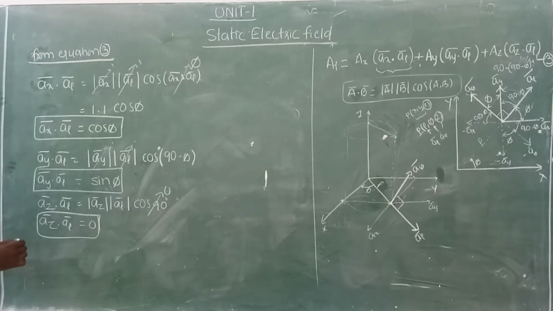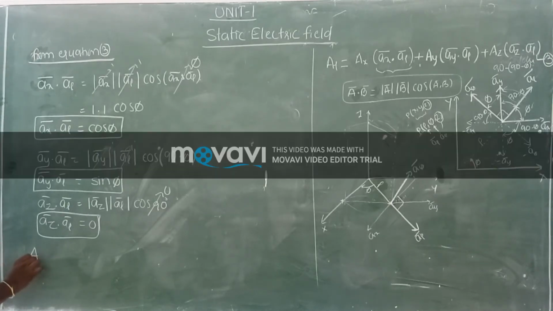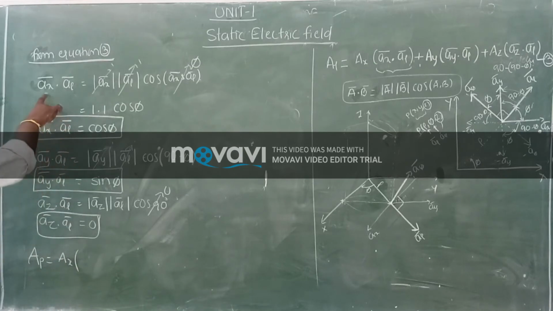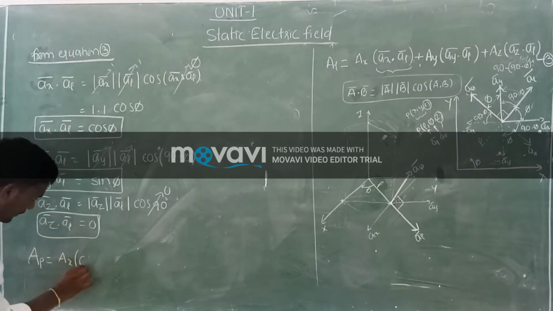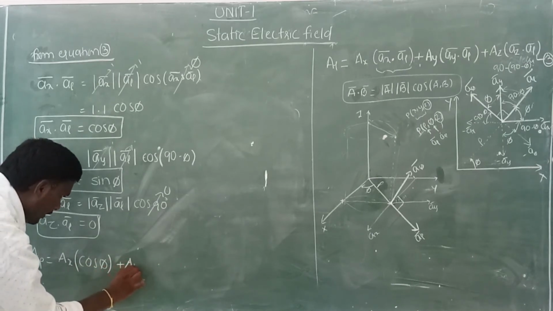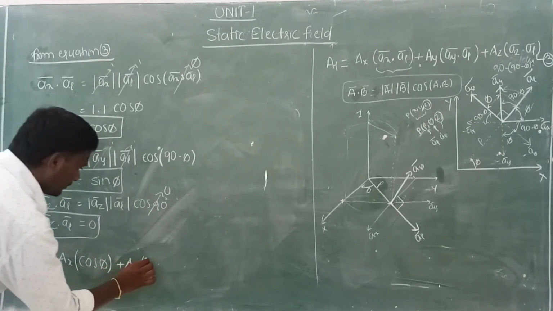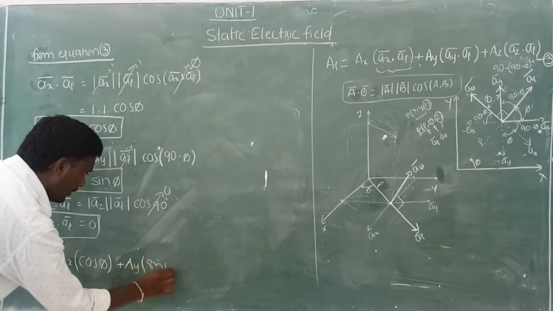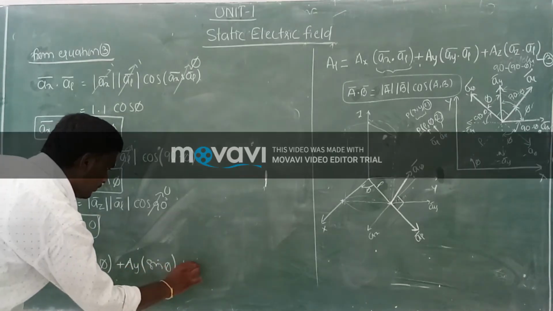If you substitute it, a_rho is equal to A_x into the dot product between a_x and a_rho, which is cos phi, plus A_y into sin phi, plus A_z into 0.